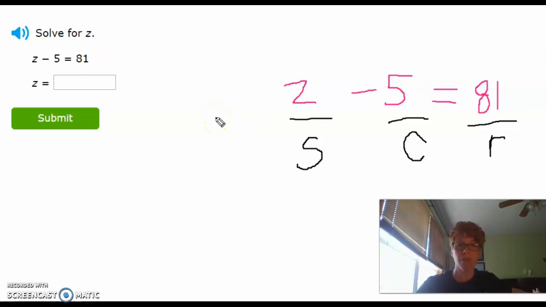So let's start at 81 and add 5 more. So 81, 82, 83, 84, 85, and 86. So Z, in this case, equals 86. And I can even go over here and cross out the Z, and I can write down 86, and we can see that 86 take away 5 equals 81. Very good.